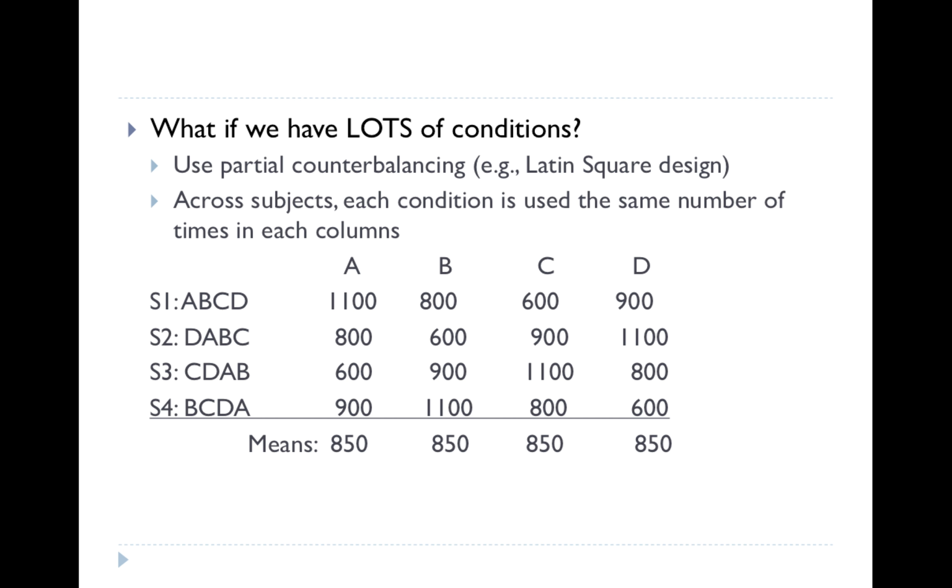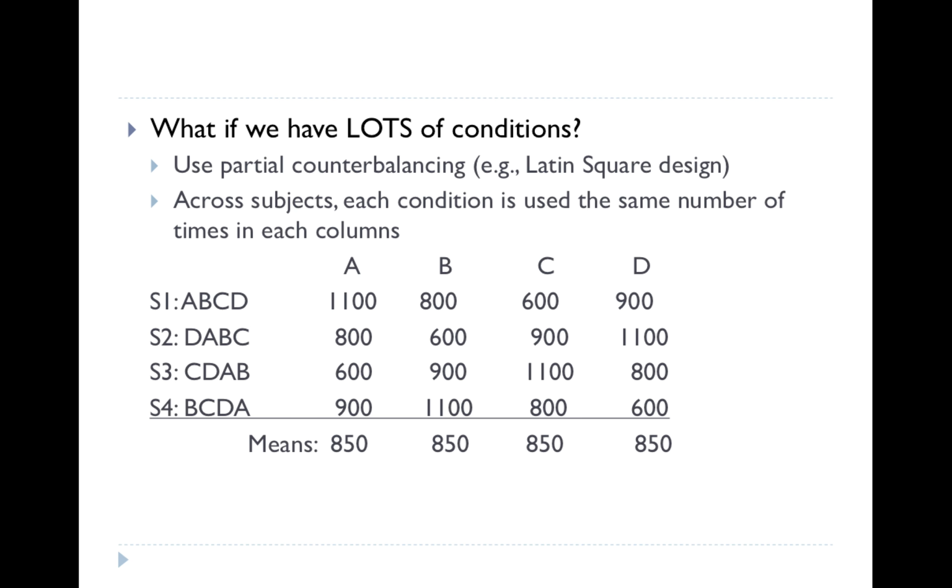You would have A, B, C, D, then D, A, B, C, then C, D, A, B, then B, C, D, A. So you're varying it up, but you're not accounting for every possible order. You're not accounting for all 24 orders. In this example, you may have only 4 orders, but you're still mixing things up. The idea is that even if you're not doing a complete counterbalance, on average you should come out about roughly the same, and in this example, it does.